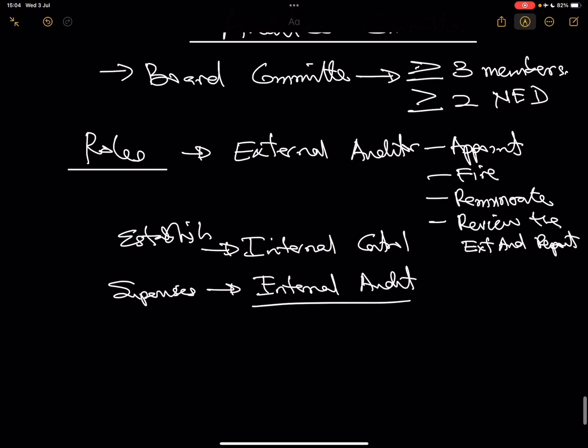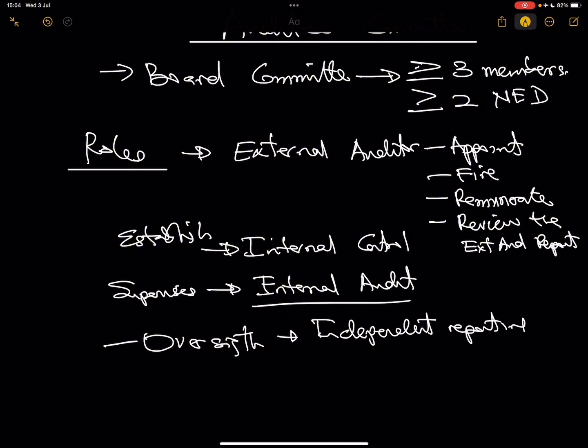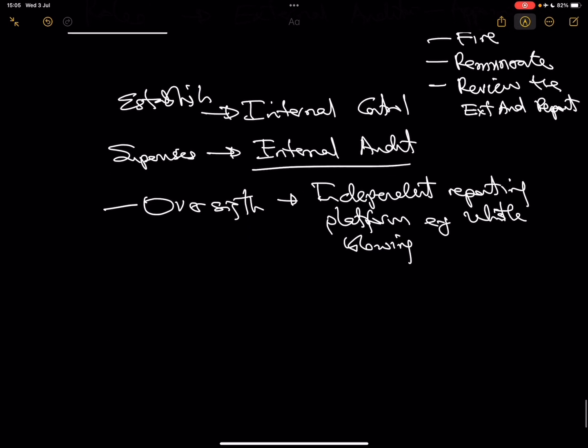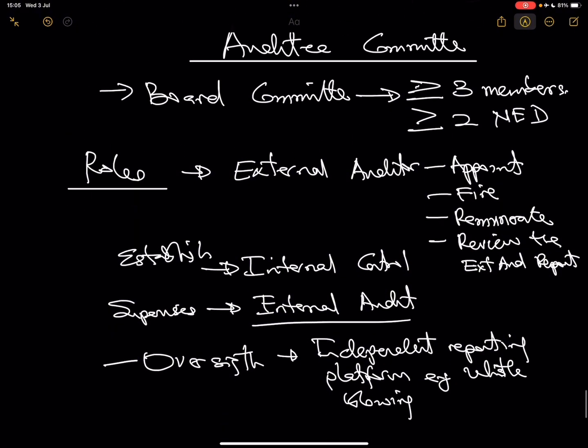And also, they provide oversight on what we call an independent reporting platform, like a whistleblowing platform. You know what whistleblowing is? When things are going on in the company that are not right, that are not ethical, there should be a platform where anybody, such as staff, can anonymously expose the company or the directors for doing something unethical. So all of these are the roles of the audit committee.